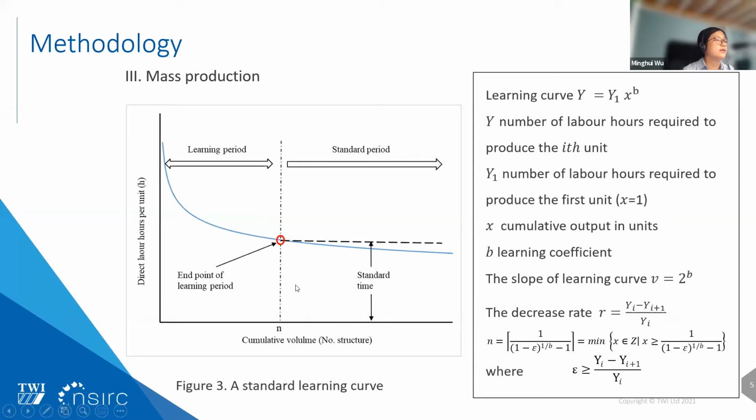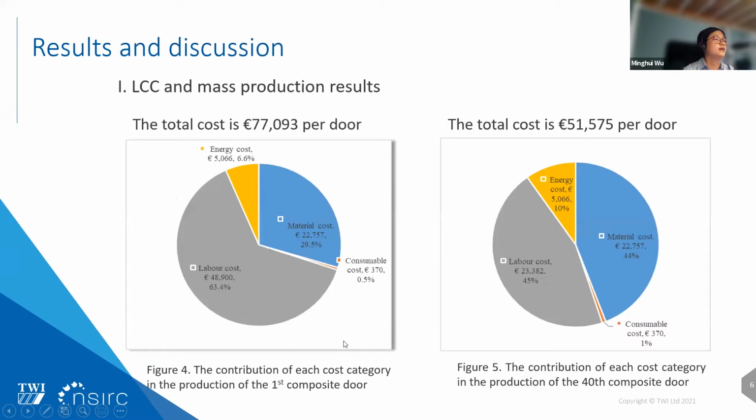This unit, N, is called the endpoint. I developed a method to calculate the endpoint. So you can see N is calculated as the smallest integer that satisfies this inequality. And that's the brief summary of the methodology I used.